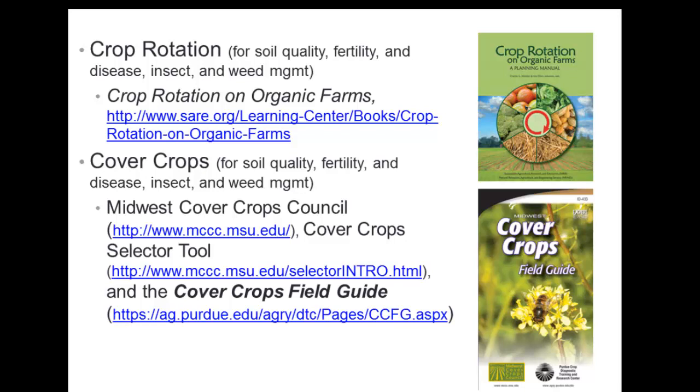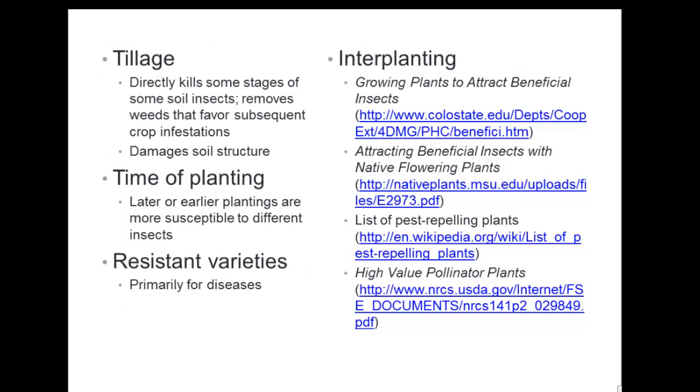And for those who would rather have something in your hand, there is a pocket guide-sized cover crops field guide done in the Midwest region, and it sells for $4.50 from the site that you see listed here for Purdue. All of those are good for cover crops, and they'll tell you that most of the time the cover crops have minimal influence on insects. Sometimes they do.